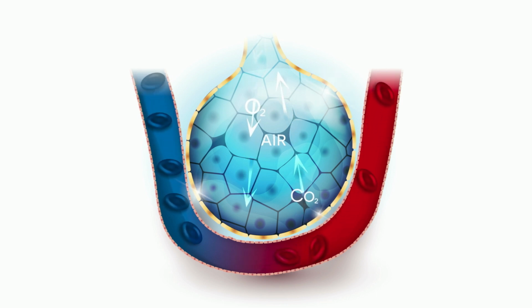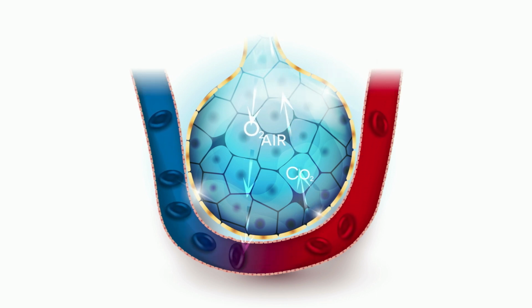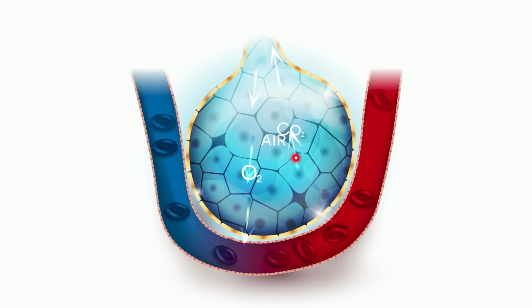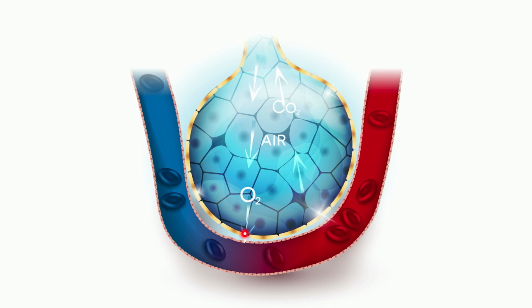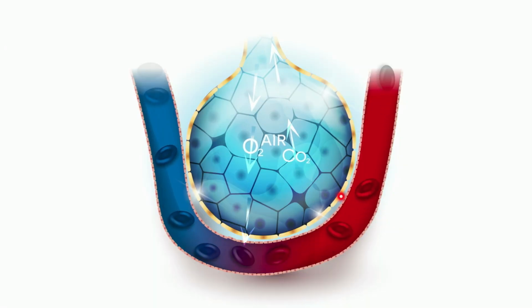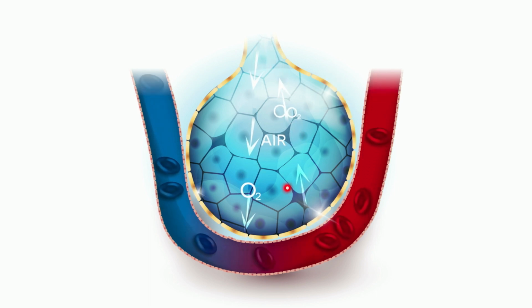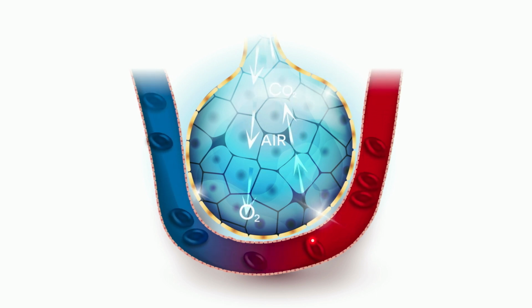Gas exchange happens. You see CO2 is diffusing into the alveoli and O2 is diffusing into the blood. If we have capillary leakage, as we have it in COVID-19 pneumonia, we have lots and lots of fluids and protein, and gas exchange cannot happen.